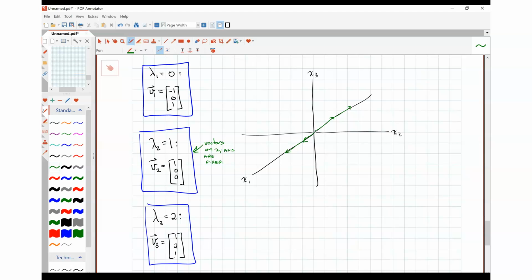Now, the next sort of simpler one to think about is this one. Every vector that's along the direction 1, 2, 1 is going to be exactly doubled in length. It won't change direction, it'll just double in length. So where's 1, 2, 1?